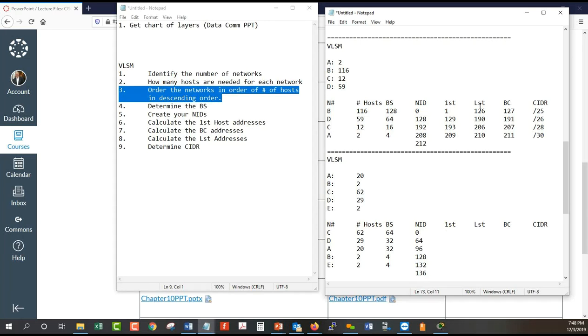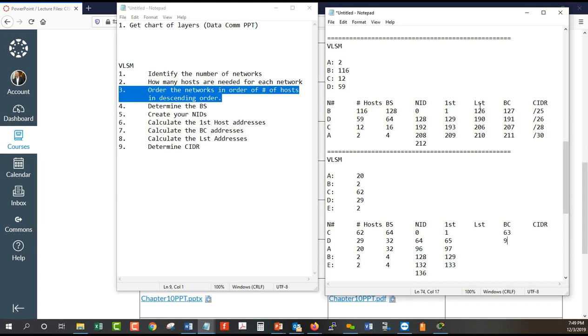So now we're ready to go on and determine our first host address for each one of the networks. So here it's 1, then 65, then 97, then 129, then 133. And now we go to the broadcast addresses. So 1 less than the next network ID. So for this first one, it's going to be 63.